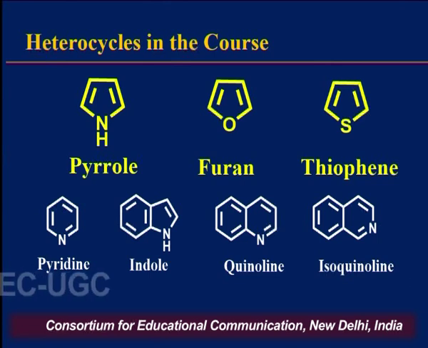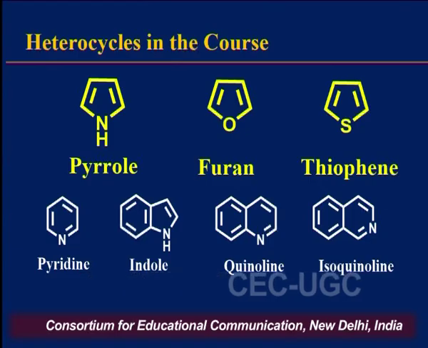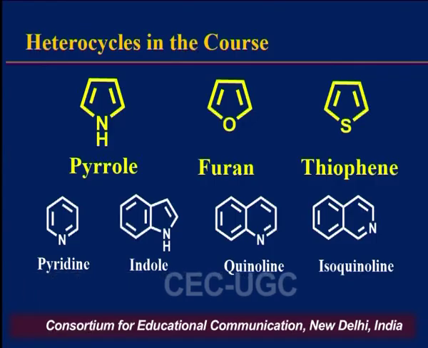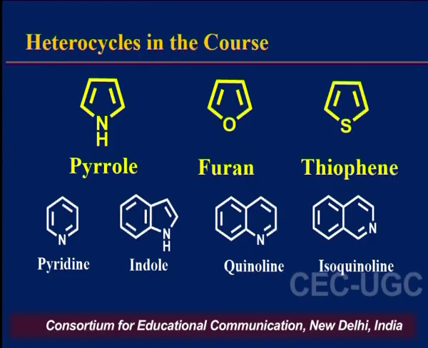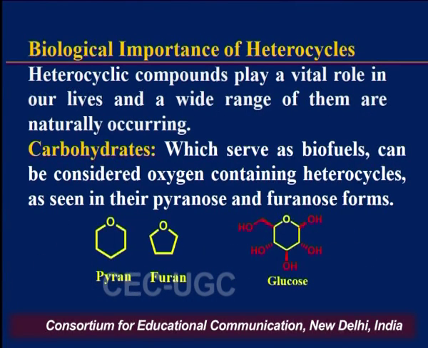In quinoline, it's benzene and pyridine which are fused together, and isoquinoline is another isomer of quinoline which has benzene and pyridine rings fused together. So, in this course, we are going to discuss in detail these 7 heterocyclic compounds.